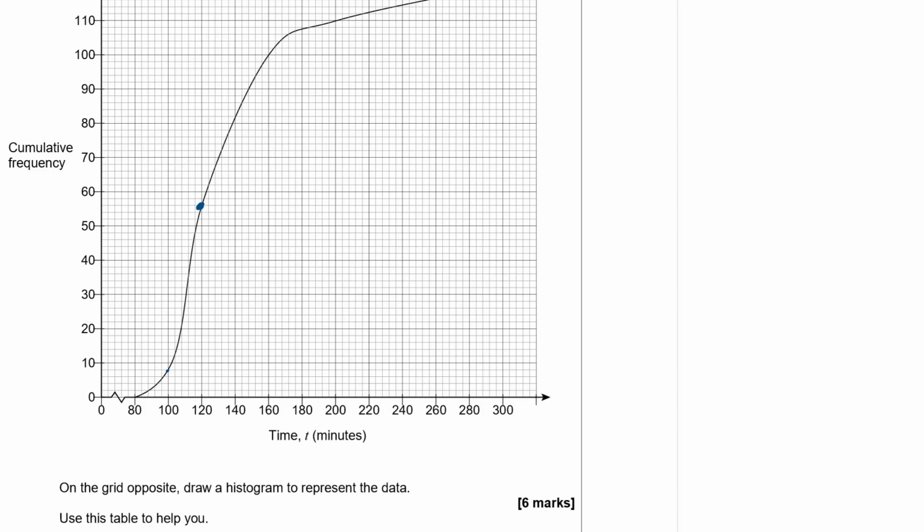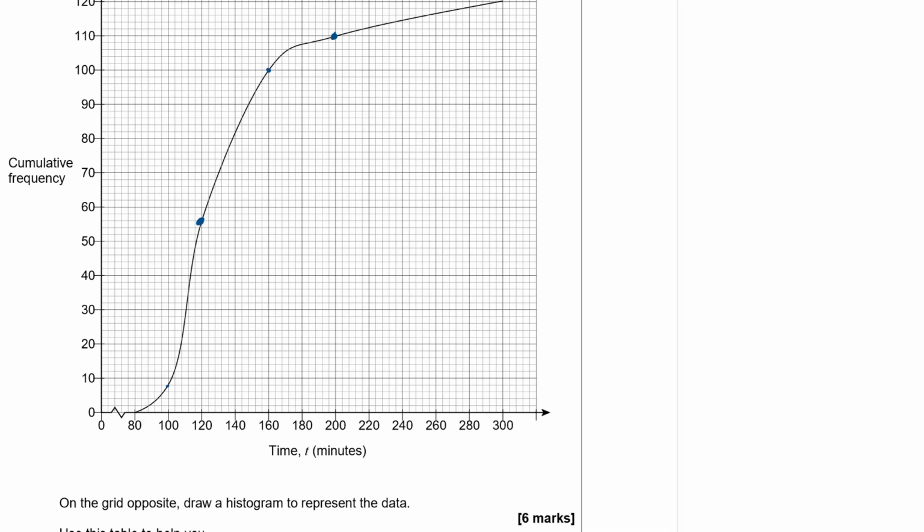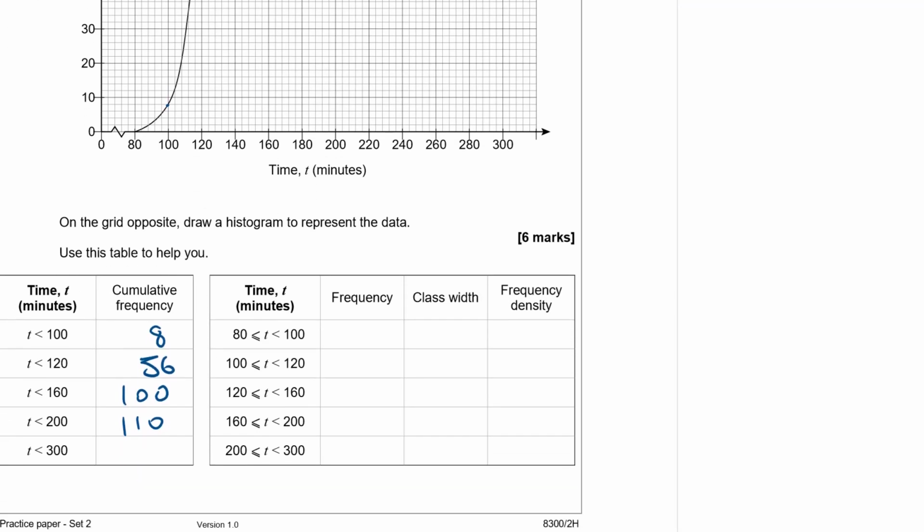Time under 160 is up here, that's 100. Time under 200 up there, that's 110. Time under 300, that's the last dot on the top, and that's at 120.